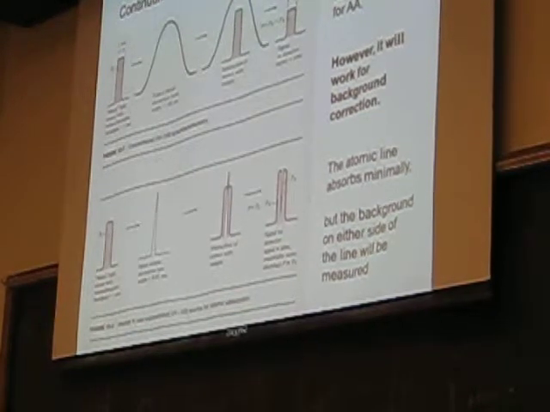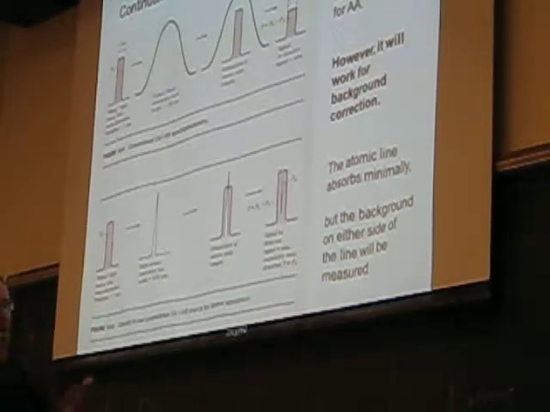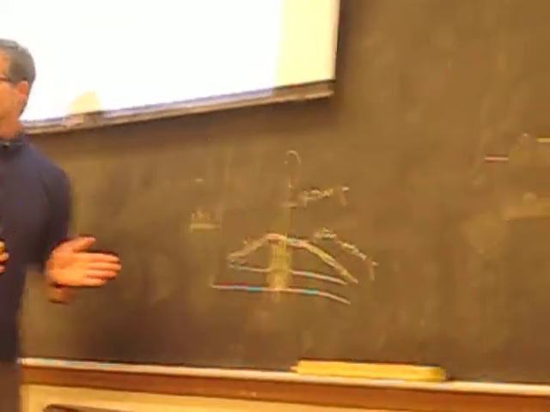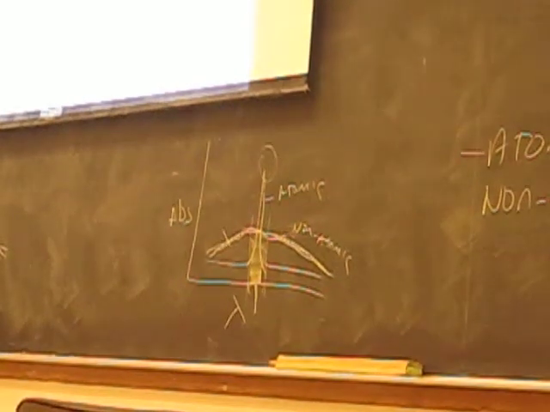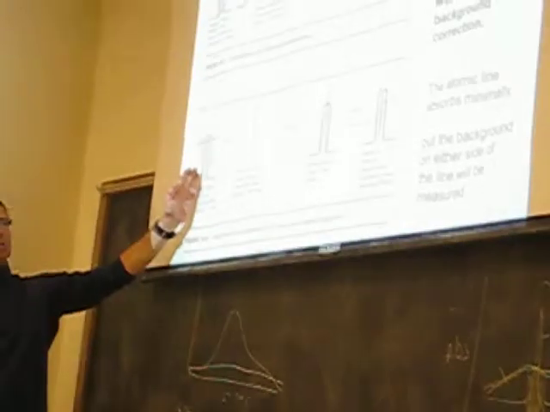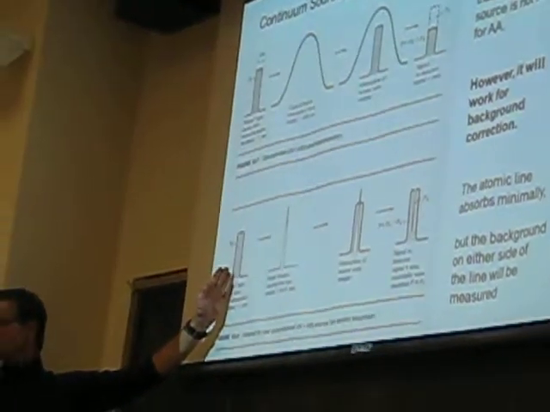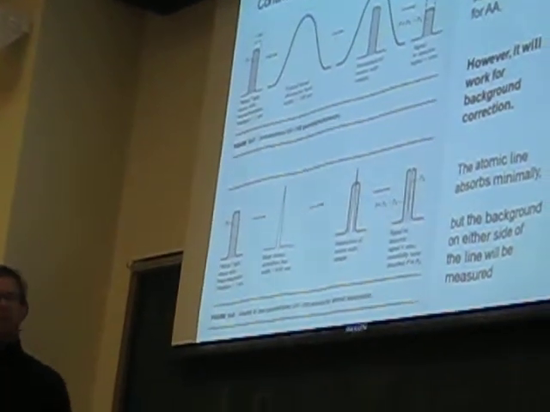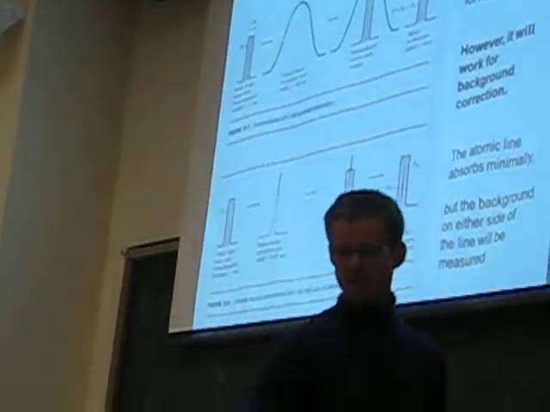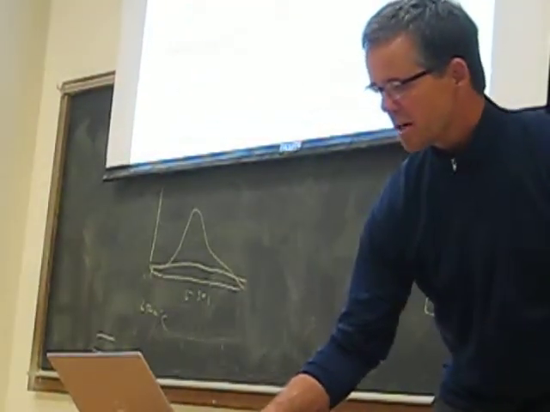But if we have non-atomic absorbance that typically manifests across a wide range of wavelengths, it turns out that this broadband emission source is actually perfect for measuring that non-atomic absorbance because it comes in a much broader range of wavelengths, and we're able to use it quite effectively to do that.